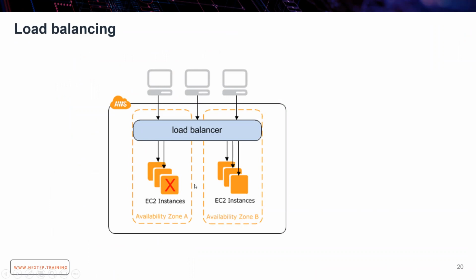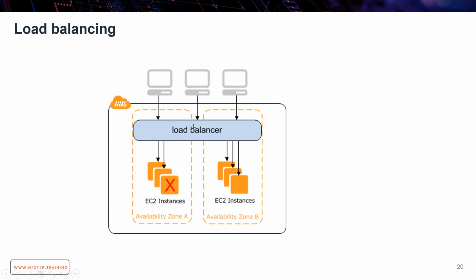let's say I have 3 EC2 instances in availability zone A, and another 3 EC2 instances in availability zone B. I do not want to expose these individual IP addresses to the clients, because what if one of them is down? I want all of them to go through the front door. That front door is called the load balancer.